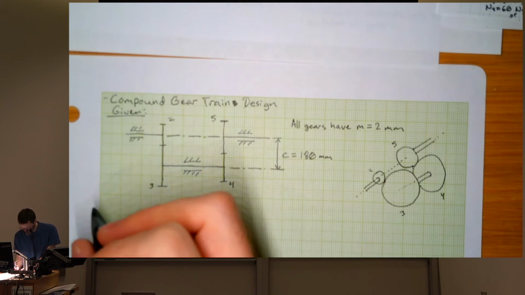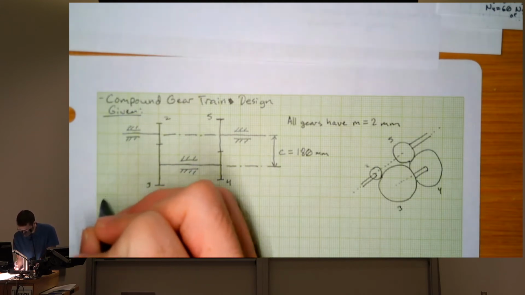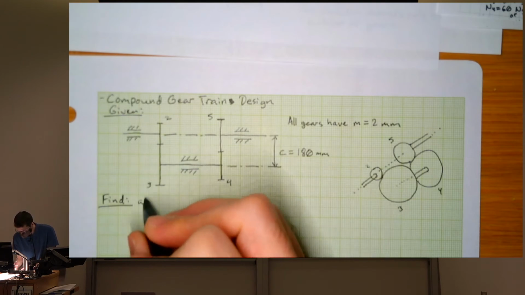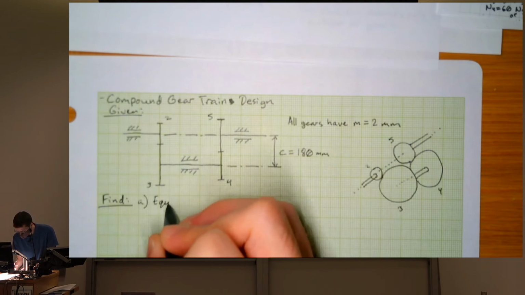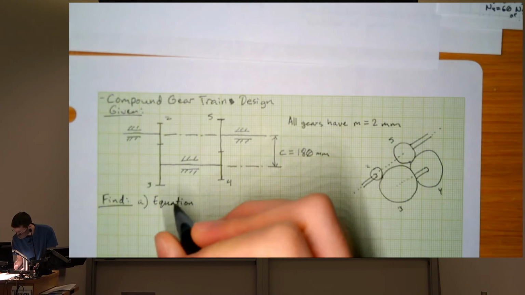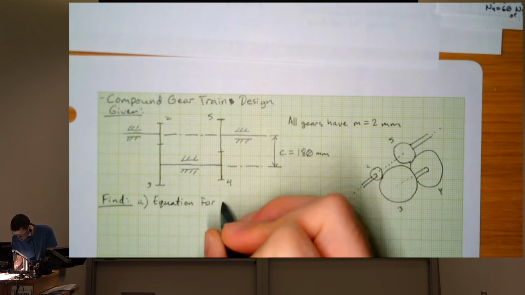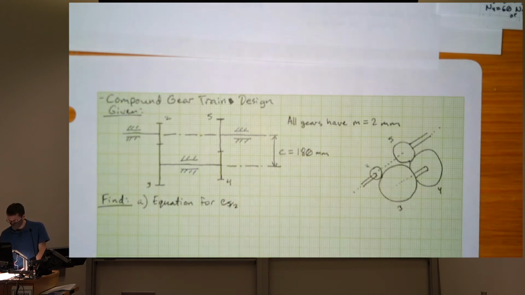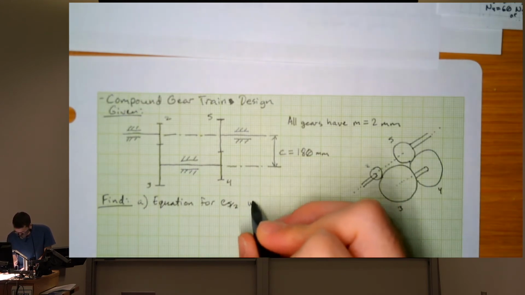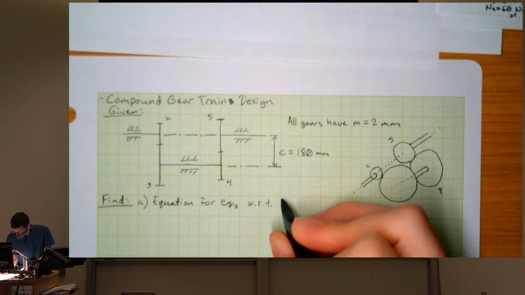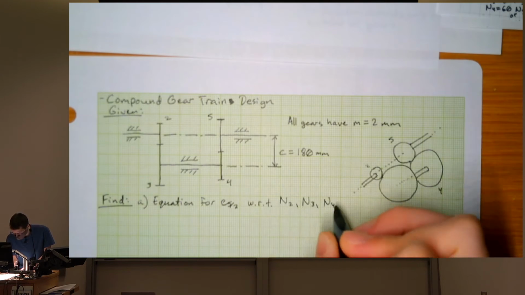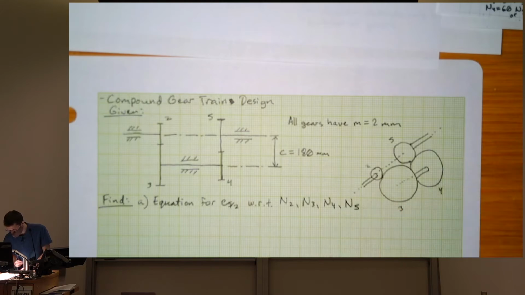Okay. And we're going to be asked to find, first, part A, the equation for E52, so that's our input-output speed ratio, with respect to N2, N3, N4, and N5. That's the first thing we're going to be asked for.